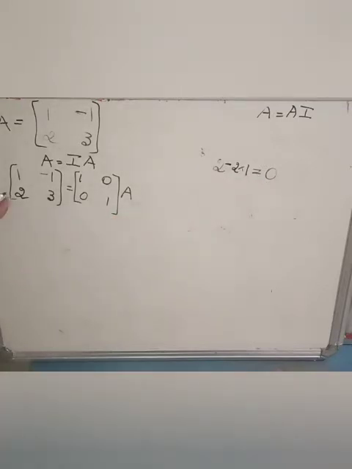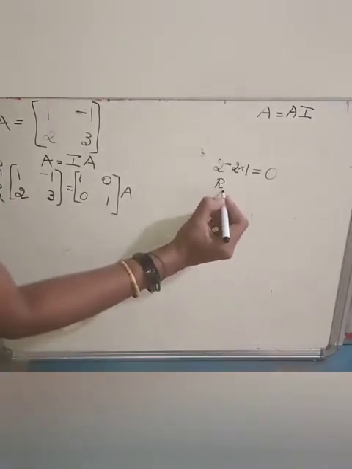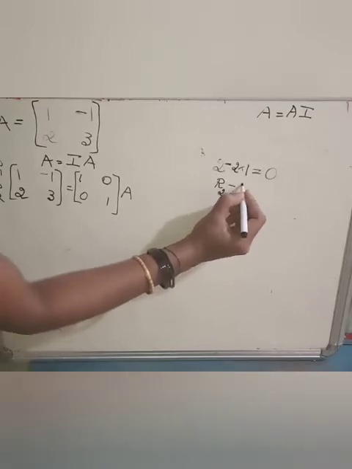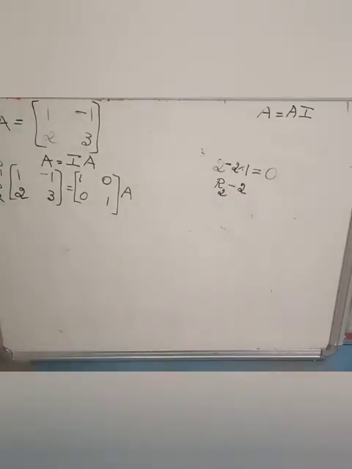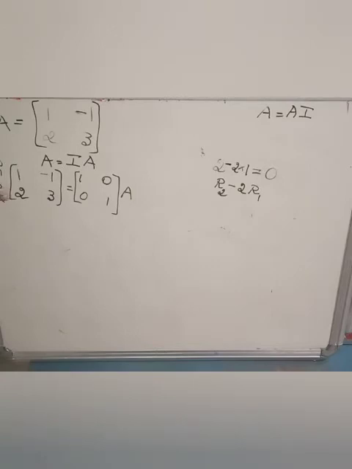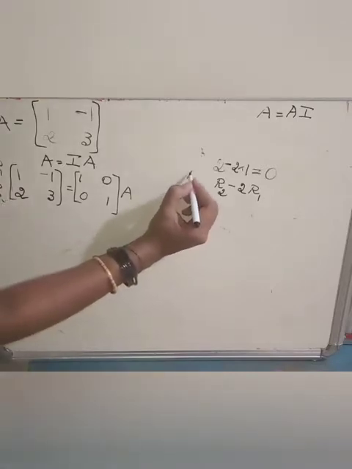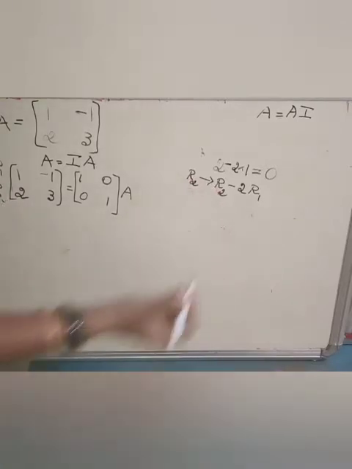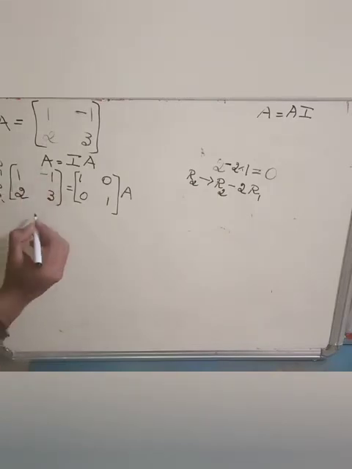Therefore 2 lies in the second row, minus a non-zero constant times 1 that lies in the first row. The change is in R2, that is R2 minus 2R1. So write the elementary operation.